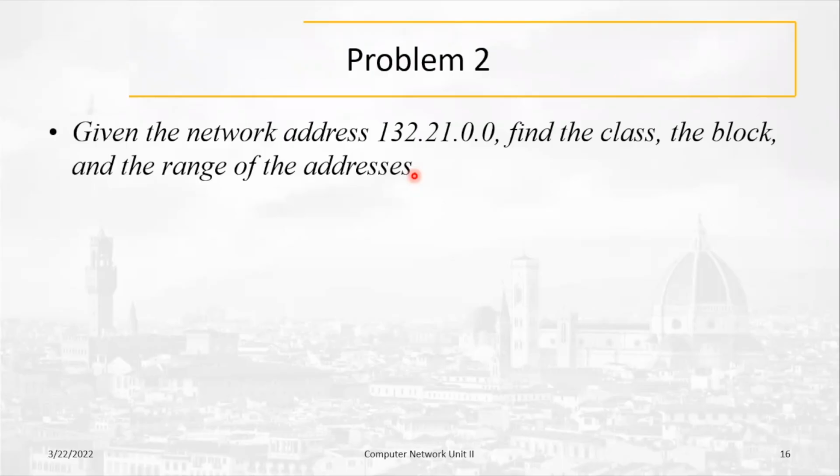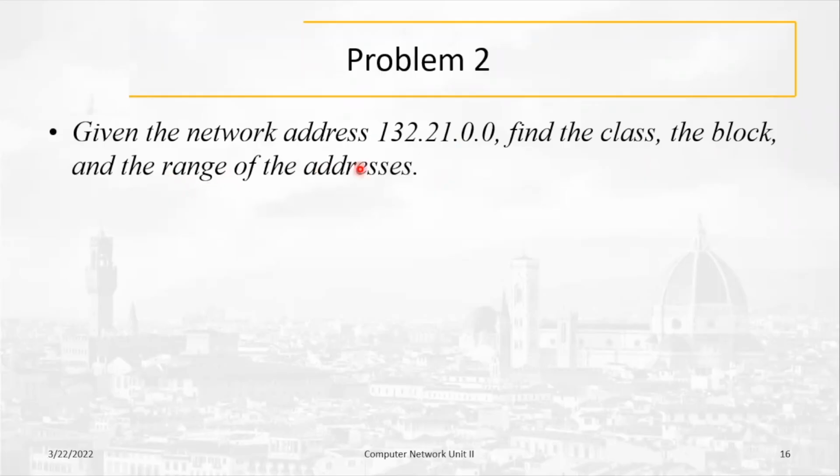So class B. Class B, that is correct. The block is what? Block means what network ID you are referring to. 132.21 is the block ID.